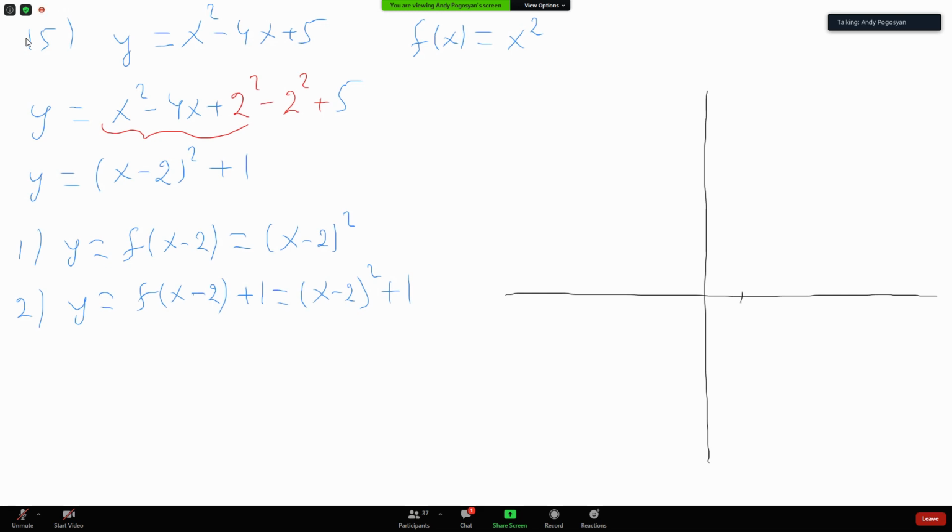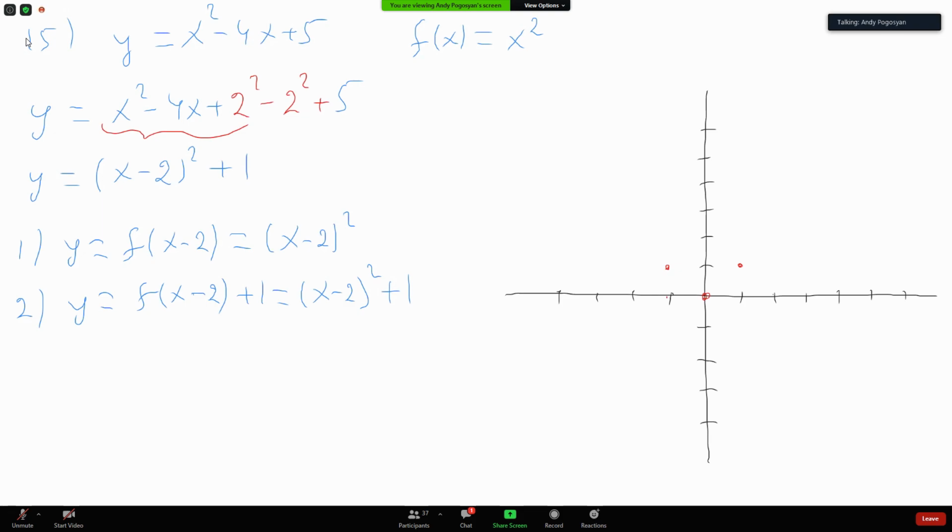So 1, 2, 3, 5, 6. So for x squared, you can use 0, 0, 1, 1, negative 1, 1.